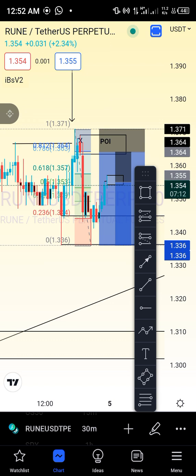Mark out the entire order block, the entire candlestick, as your POI, and set your entry within that box. It doesn't have to be at the end, the middle, or the tip, just within the block, within that rectangle you have drawn. That is how you take your entries for an analysis you've already done.